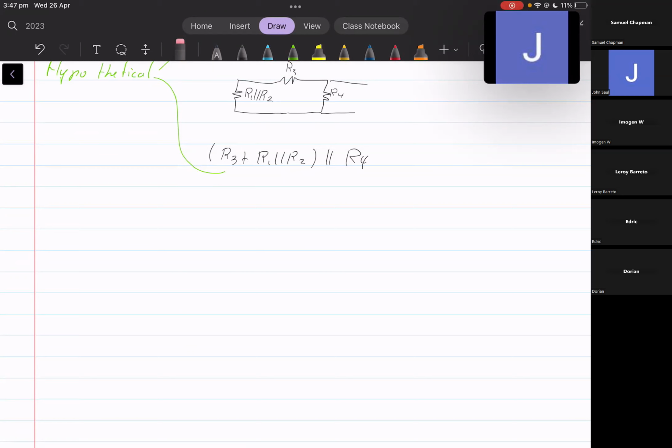So for this one, if it's only independent, you can simplify the circuit down.